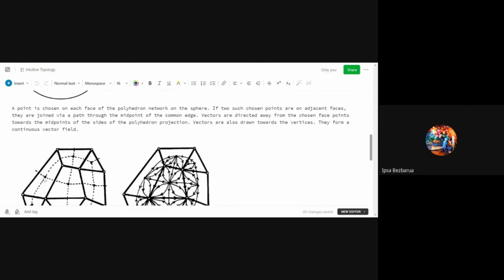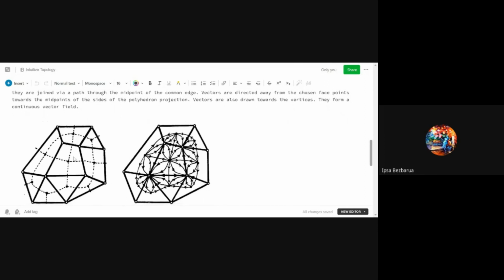Because on a sphere I can have almost an infinite number of ways of going from one point to the other, but if I choose a third point, then there's only one curved line that can go through all three of them. So that's fixing my vector.